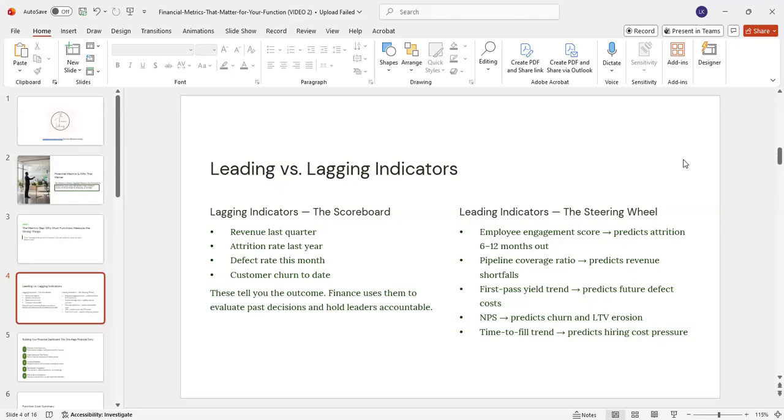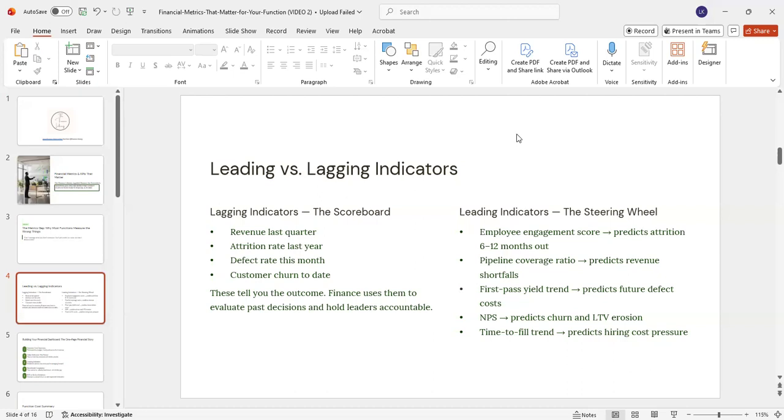Again, from an HR perspective, we might look at time to fill a position trend. So the number of days it takes from a job being approved to a candidate's acceptance of the offer. If it is long, that might be helpful in predicting hiring cost pressure.